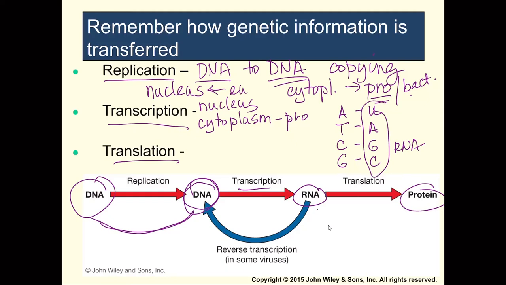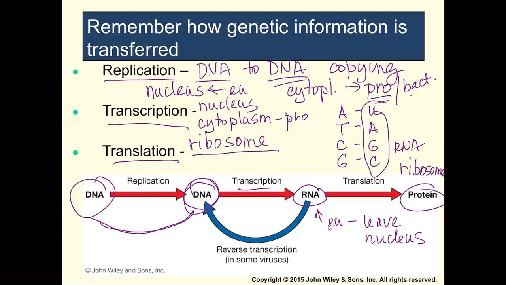Now, the RNA, if you're in a eukaryote, can leave the nucleus and travel to the ribosome. Translation occurs at the ribosome, and translation is the process of taking the RNA and reading it and making it a sequence of amino acids, which are a protein.